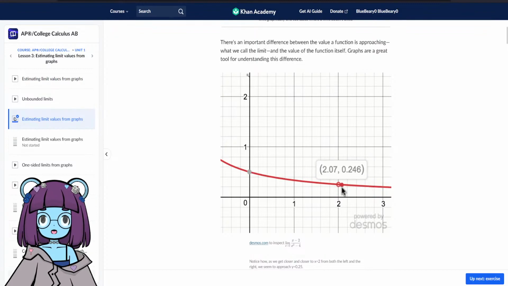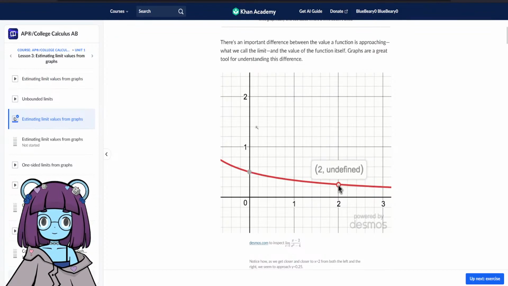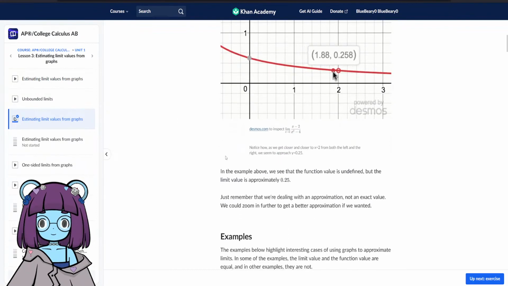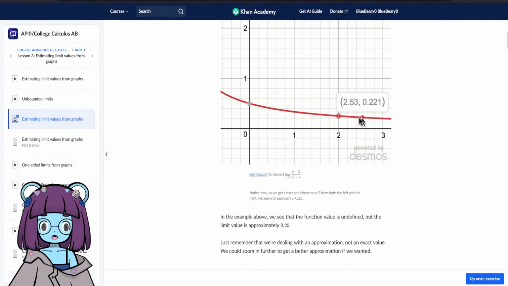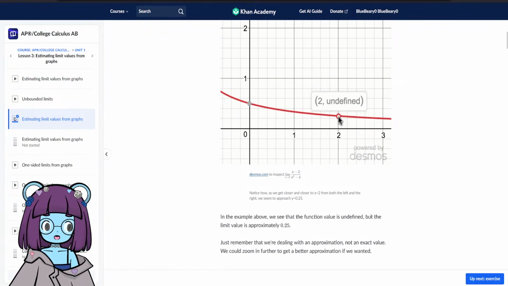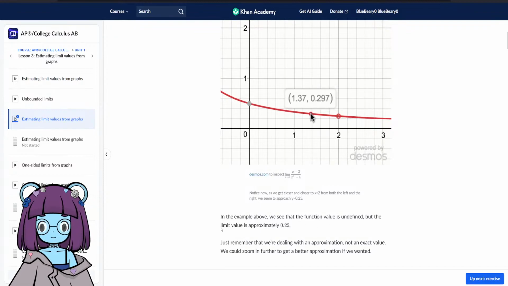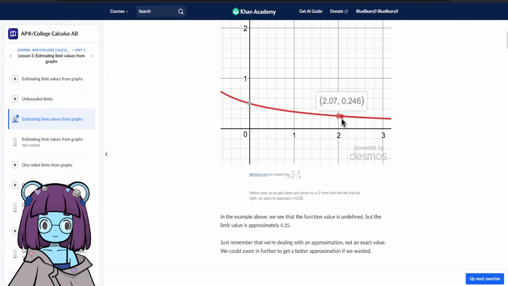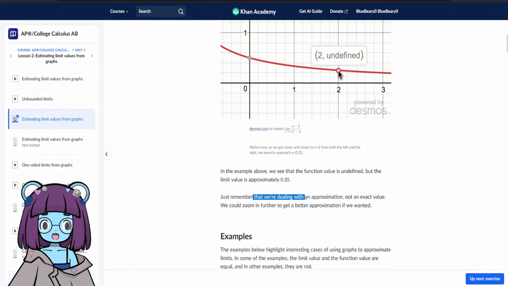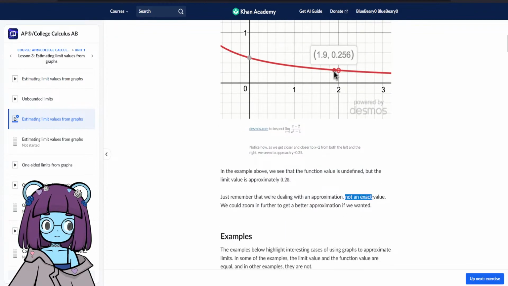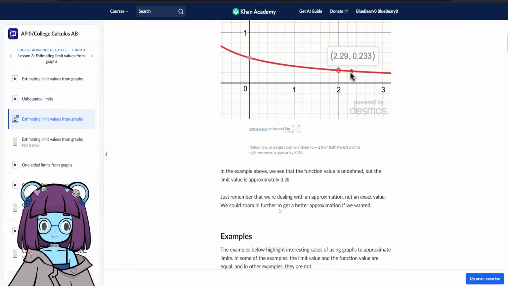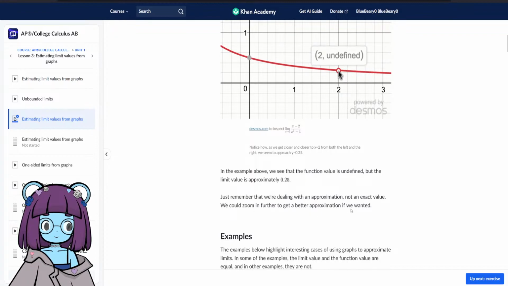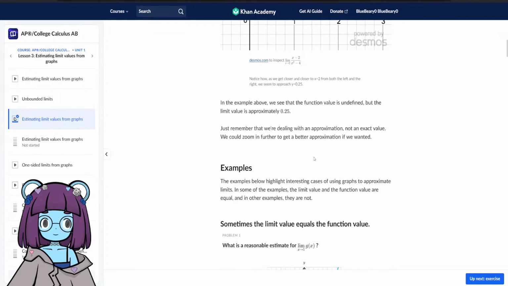Graphs are a great tool for understanding this difference. In the example above, we see that the function value is undefined, but the limit value is approximately 0.25. Just remember that we're dealing with an approximation, not an exact value. We could zoom in further to get a better approximation if we want it.